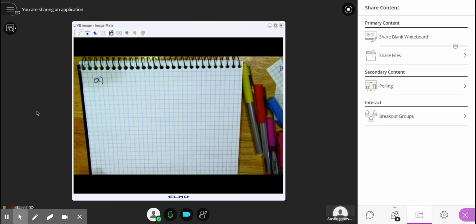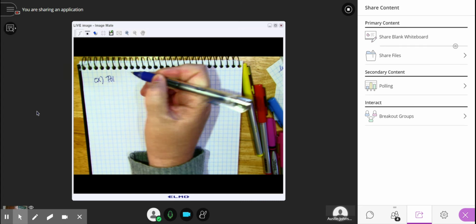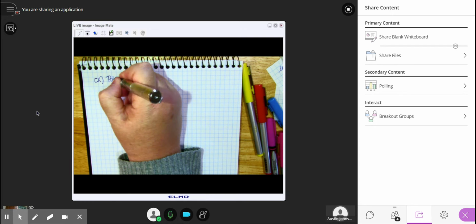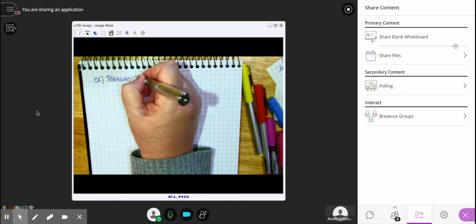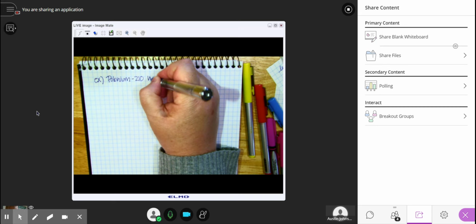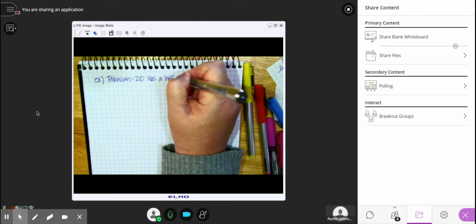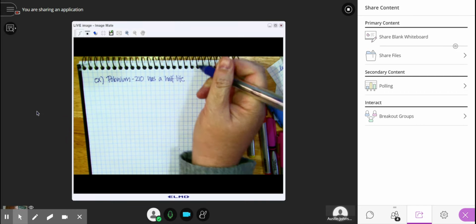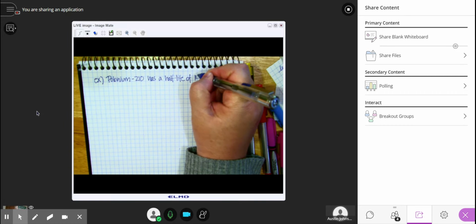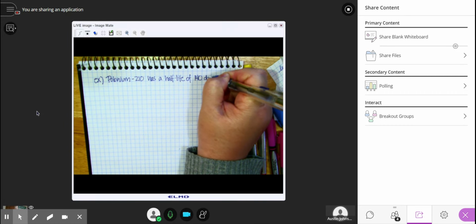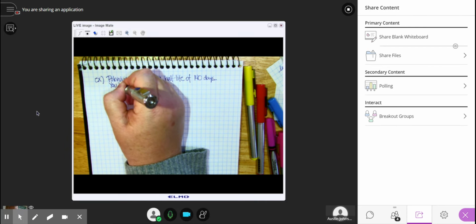All right, let's try an example. Here we have a radioactive substance, polonium-210. It has a half-life of 140 days. You have 300 milligrams.